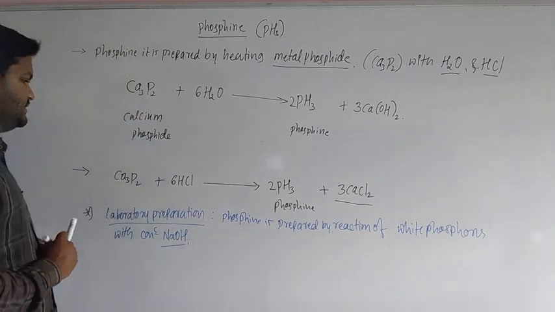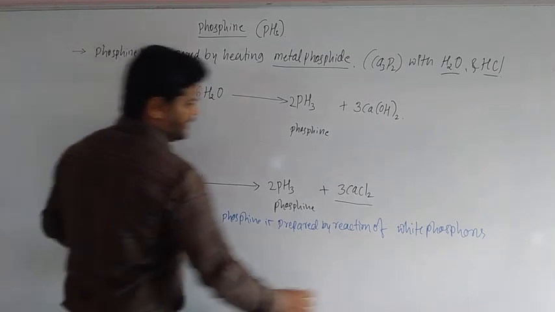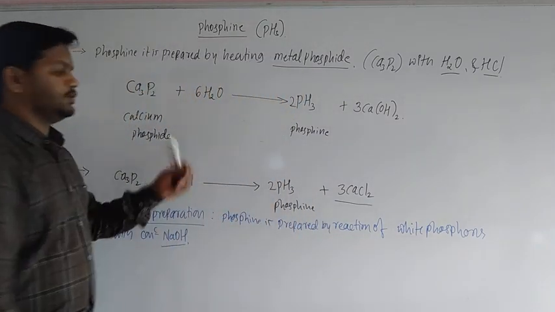By using this concentrated NaOH and white phosphorus, we can easily prepare phosphine.